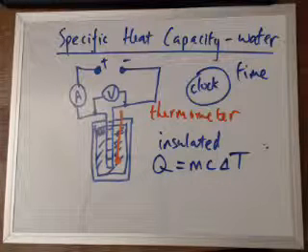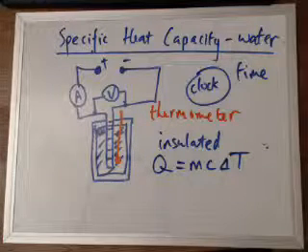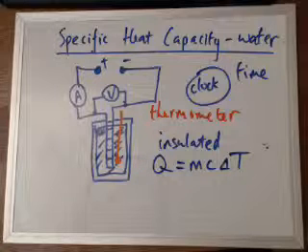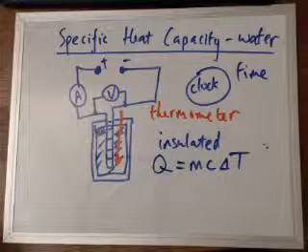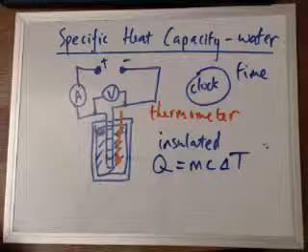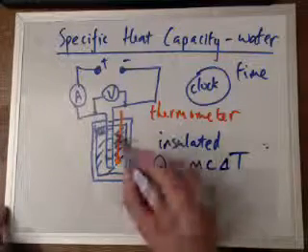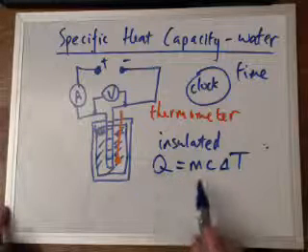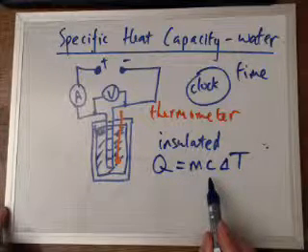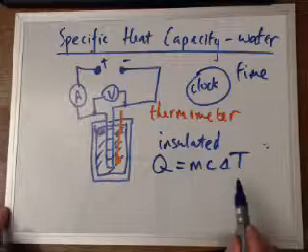And of course, to find out the mass of water, we have to measure the mass, or simply find its volume and calculate the mass from its density. So here we have energy transferred from the heater into the water equals mass of water times the specific heat capacity of water times the change in temperature.